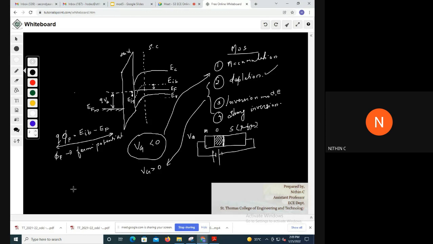Okay. And another representation is the difference between the two intrinsic levels, EIB and EIS. This difference between the two intrinsic energy levels, that is EIB minus EIS, is called Q phi S, where phi S is called surface potential.